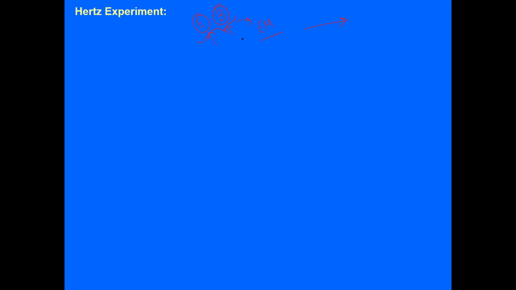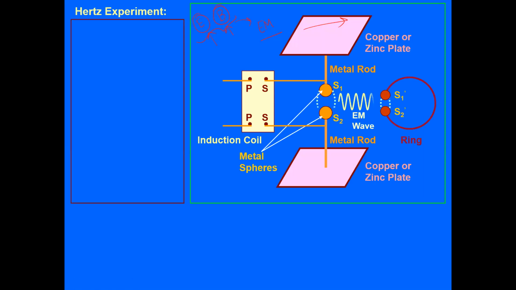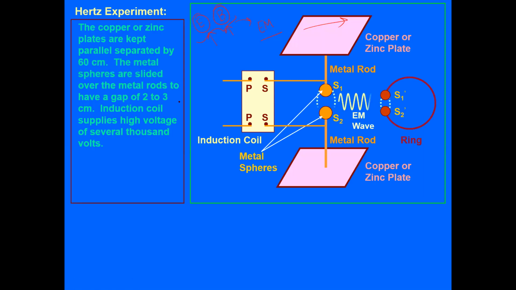For that, the Hertz experiment comes into play, and there is a setup. The copper or zinc plates are kept parallel, separated by almost 60 centimeters. The metal spheres are slid over the metal rods to have a gap of 2 to 3 centimeters.